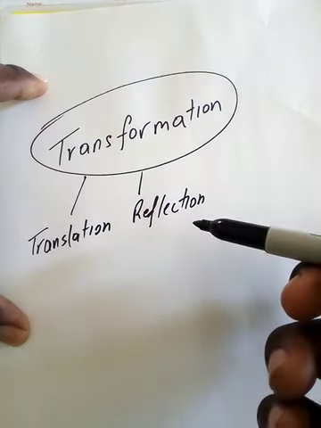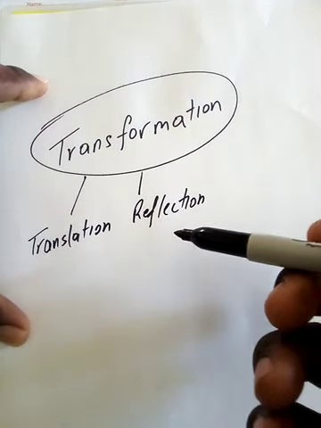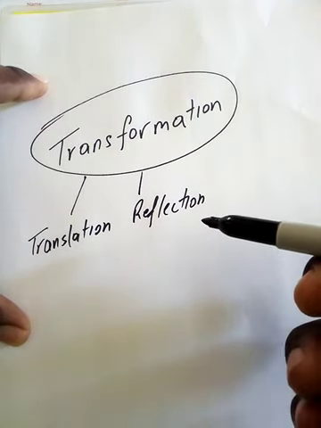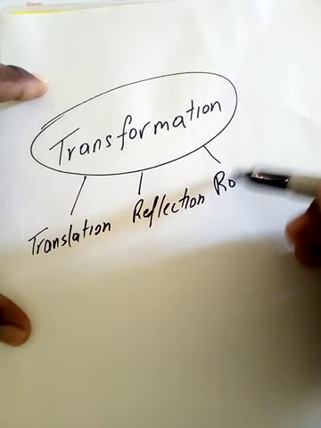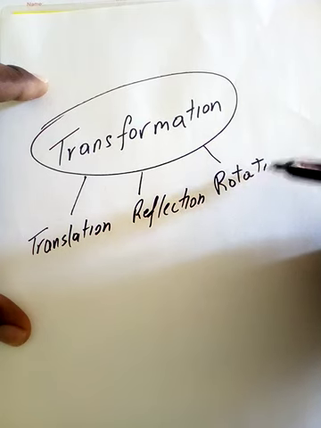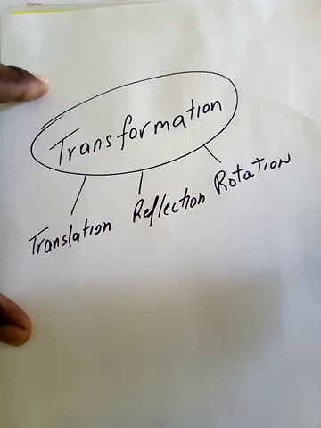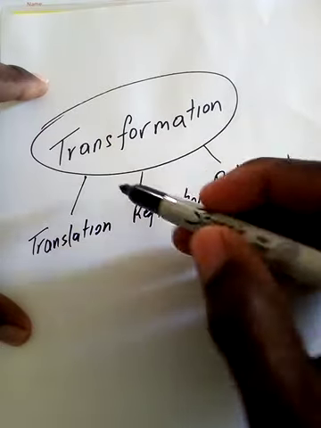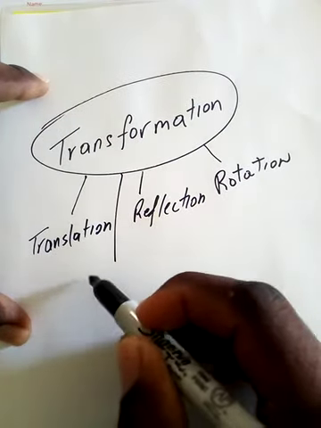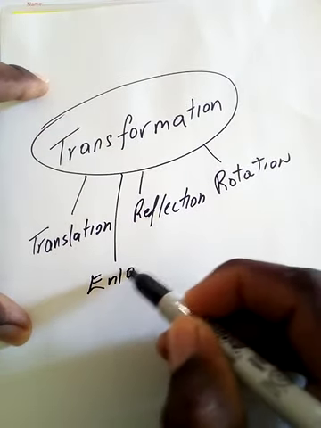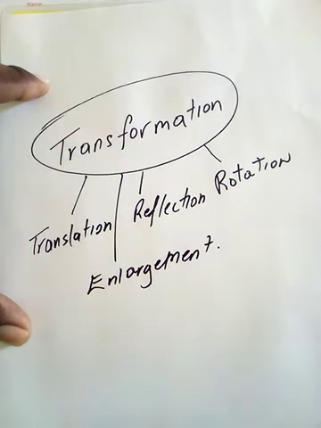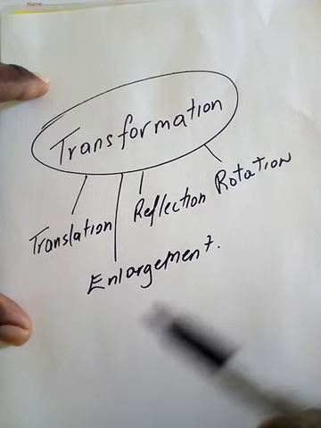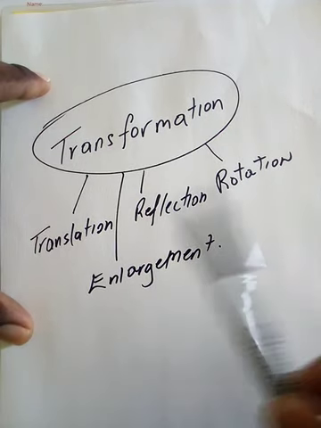As you hear these words, try to recall from your own experience in real life what you think these are talking about. Another type that we'll focus on is called rotation. And the final one that we'll focus on is called enlargement. So these are the ones that we'll be focusing on throughout this lesson on transformation.